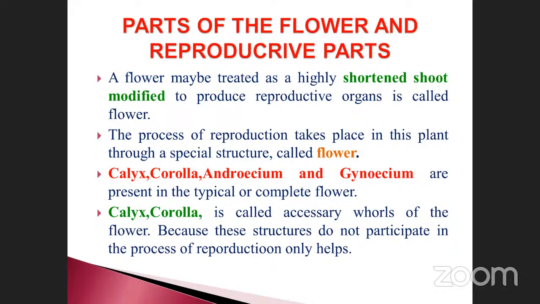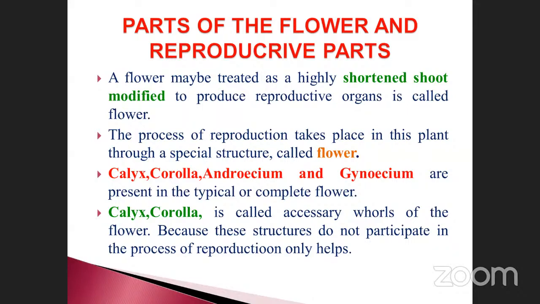When all four parts of the flower, calyx, corolla, androecium, and gynoecium, are present, it is called a complete flower. If any one of them, whether calyx, corolla, androecium, or gynoecium, is absent, it is called an incomplete flower.